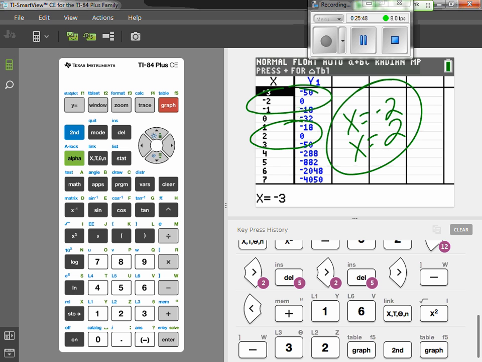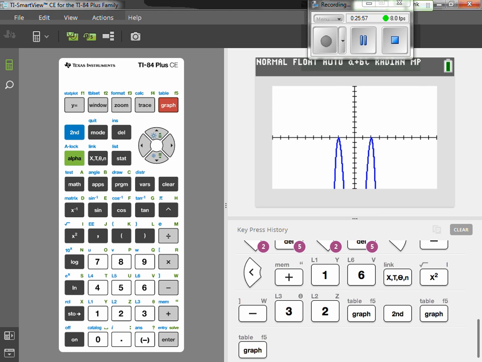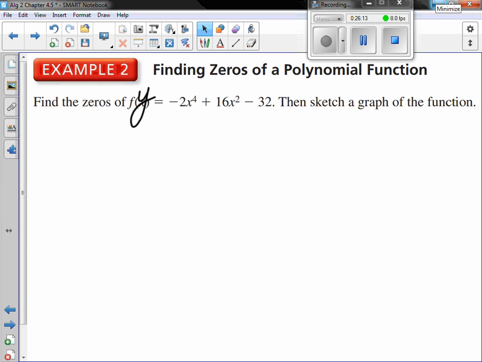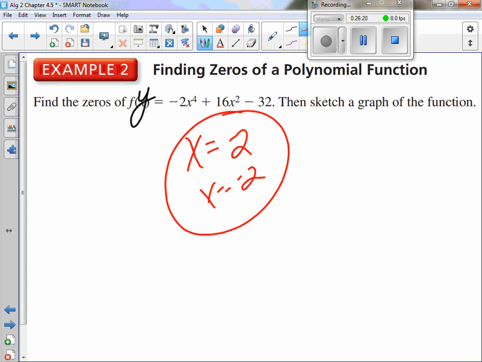Now, picking out the correct graph, well, we can use the graphing calculator to tell us which one of the graphs it is and then pick the corresponding one. Any questions on this here? So our answers are 2 and -2.